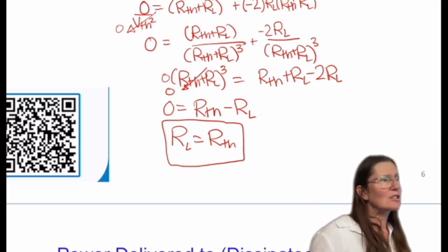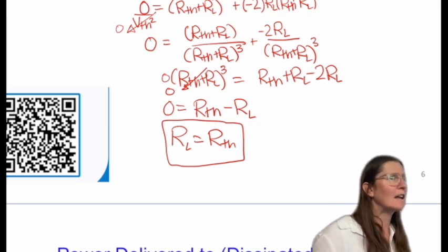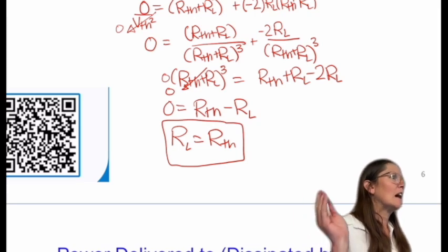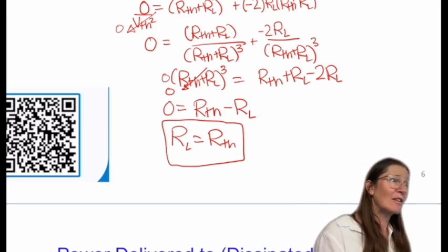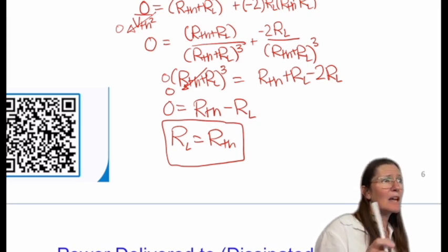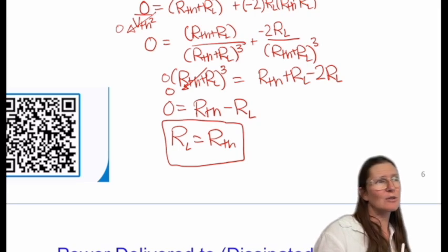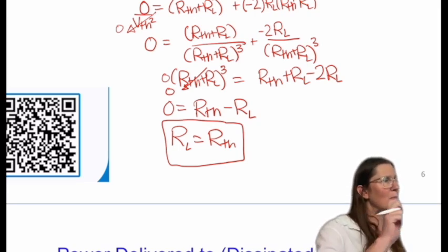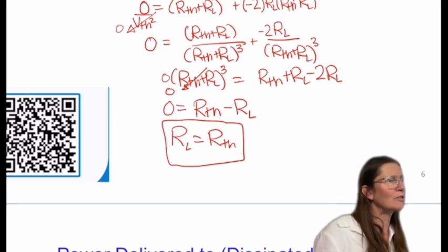This condition simplifies down to very easy, right? I can now look at a circuit, take the equivalent resistance of it, which is quite easy if there are independent sources, and then just set that RL equal to the RTH. That's going to give me my max power transfer out of the circuit.